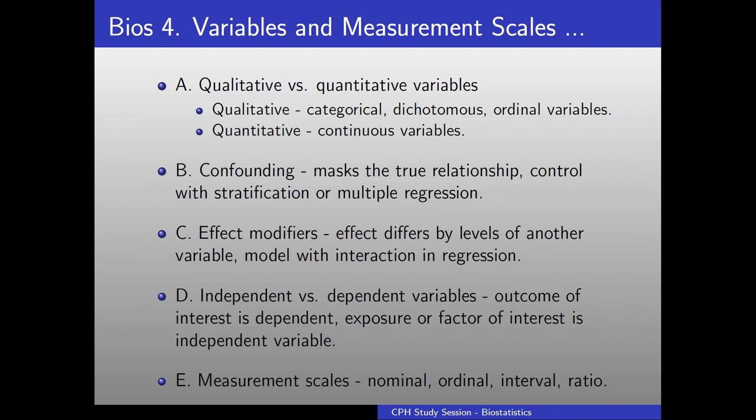The independent variable can be called an exposure, a predictor, or a factor of interest, but essentially we're trying to determine the relationship between the independent and dependent variable. More specifically, how does the independent variable affect the dependent variable?